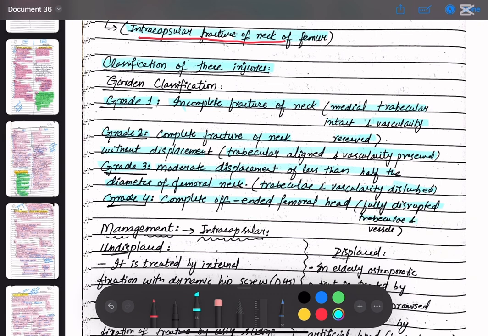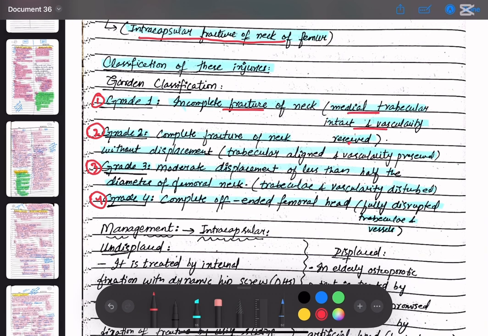Okay. So this is the classification of the injuries: grade 1, grade 2, grade 3, and grade 4. In grade 1, we have the incomplete fracture of the neck of femur, medial trabeculae intact, and vascularity is not disturbed.